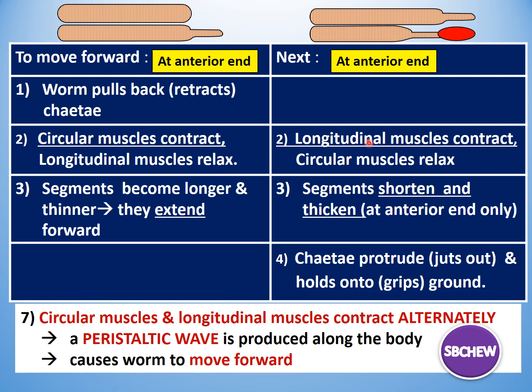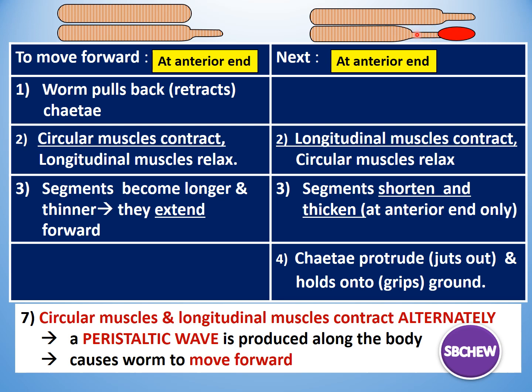So when these longitudinal muscles contract, the segments will become shorter because the longitudinal muscles will pull the segments in front to the front as it shortens the segments. And the segments will shorten and also thicken at the anterior end. But the rest of the body is not exactly moving, except here.